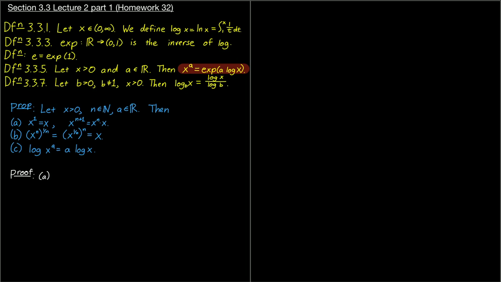So part A, x to the 1, that's defined as exp of 1 times log x. Then 1 times any real number is just itself. So we've got exp of log x is just x, because exp is the inverse of log.